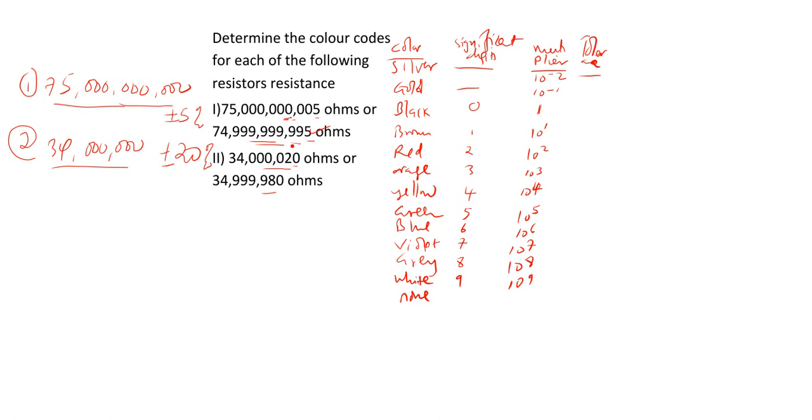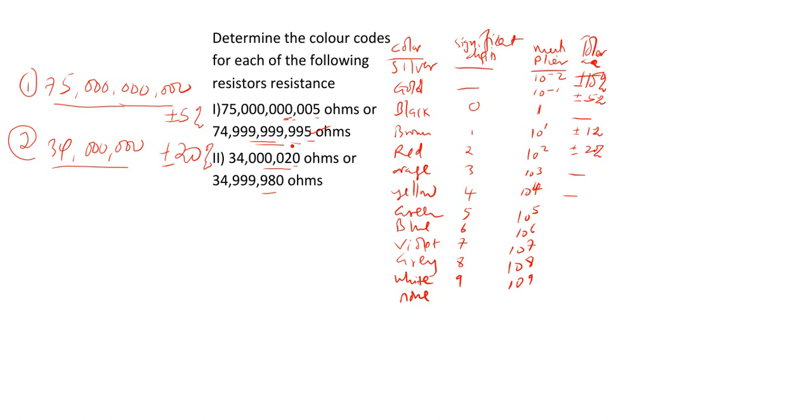When you go to the tolerance, the first one, silver, is plus or minus 10%. The second one, gold, is plus or minus 5%. We don't have anything for black. Then brown is plus or minus 1%. The next one, red, is plus or minus 2%. We don't have for orange and yellow.